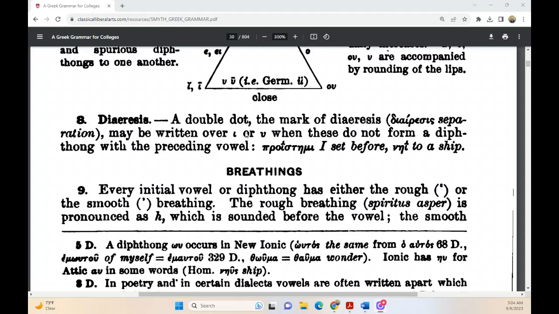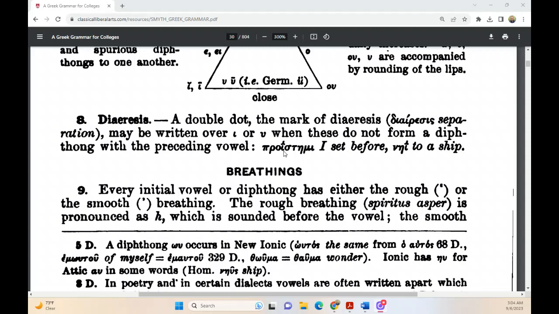So sometimes we may see two vowels together that normally make a diphthong. If we see two dots written over the second vowel, it means that they're not a diphthong and they should be read separately. Those two dots are called diairesis.